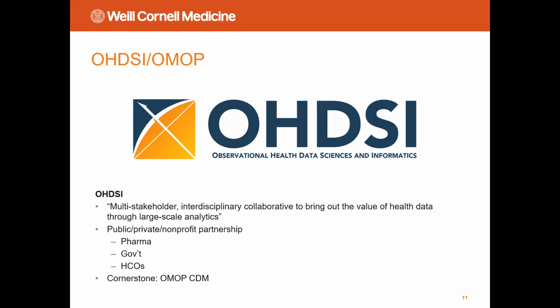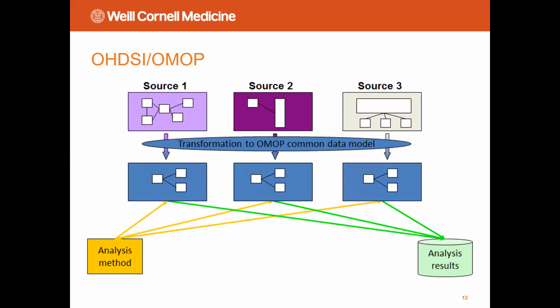The cornerstone of Odyssey is something called the OMOP Common Data Model, and you'll still hear it referred to as OMOP to this day, even though the OMOP name is defunct, because it's a widely known and used standard in the field. And this picture, this graph, really epitomizes OMOP better than any words can.